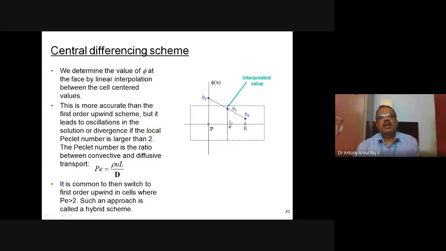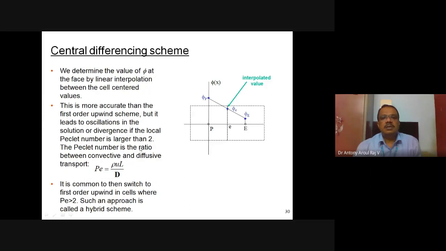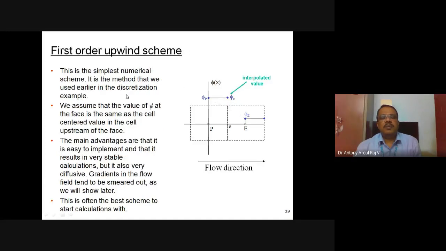Whenever you have a higher velocity, when the Peclet number is greater than 2, you will go for the first order upwind scheme. When the Peclet number is less than 2, you go for the central differencing scheme. There is no trouble. When the Peclet number is more, we go for the first order upwind scheme. Whatever I told orally now, you write it in the form of an algorithm.